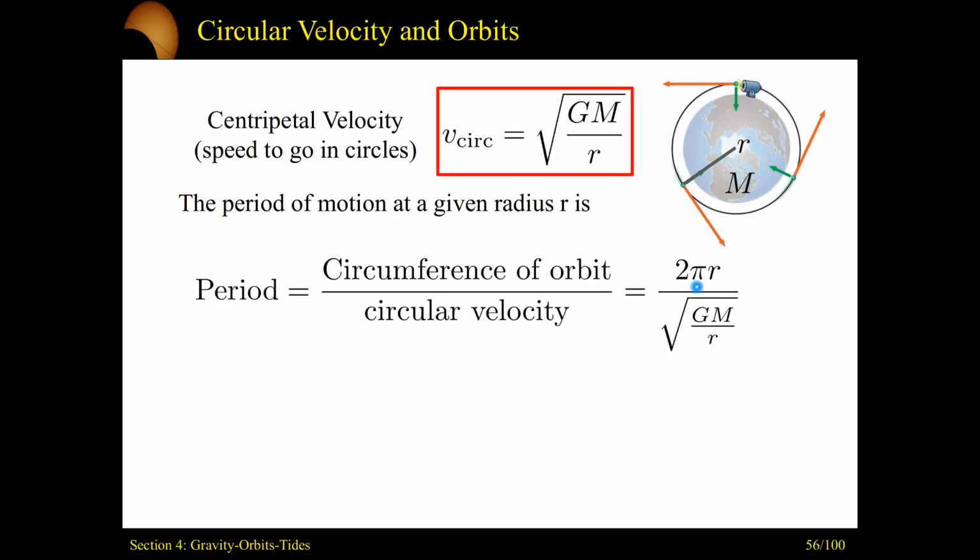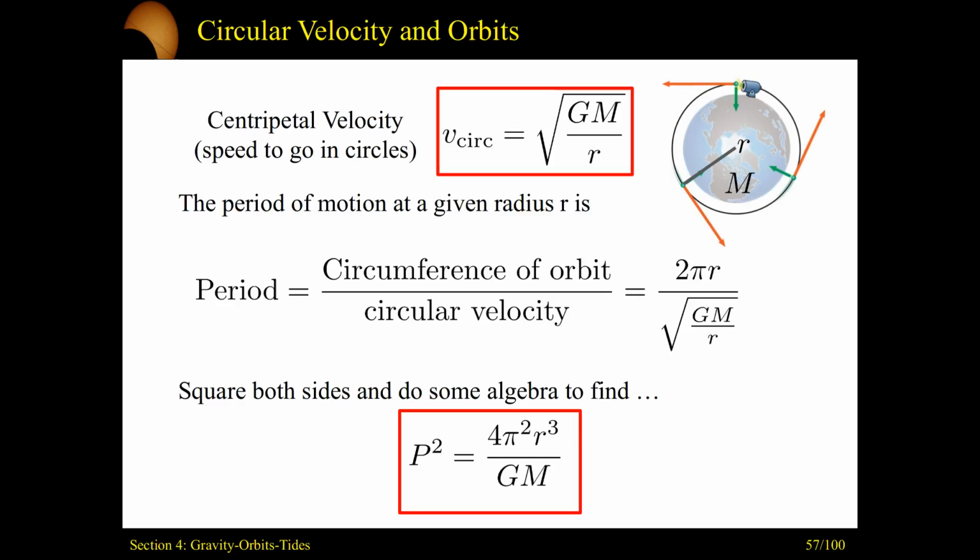The circumference is 2 pi r divided by your circular velocity, square root GM over r. Now I'm going to rewrite this equation. I'm going to square it, do a little bit of algebra, and I'll tell you the result, right? Square both sides, and I'll end up with this: P squared is equal to 4 pi squared r cubed divided by the universal gravitational constant times the mass.